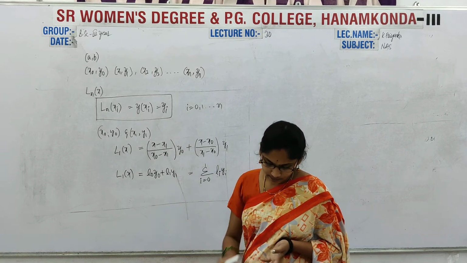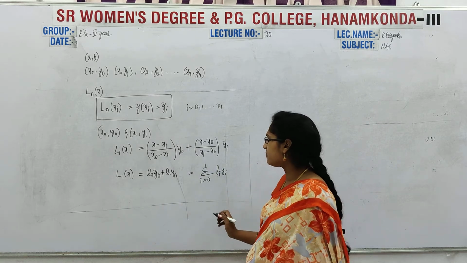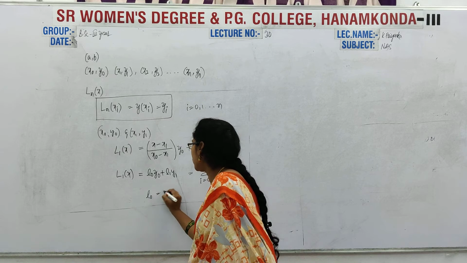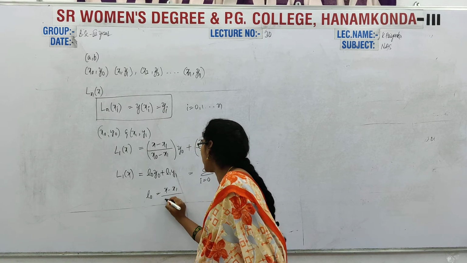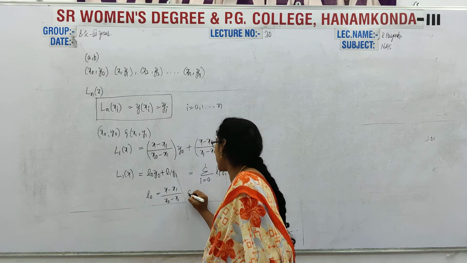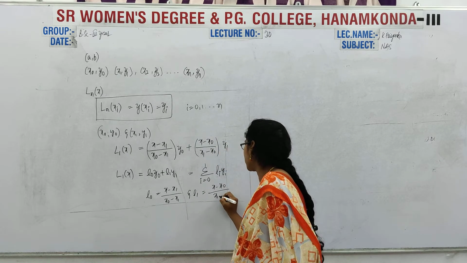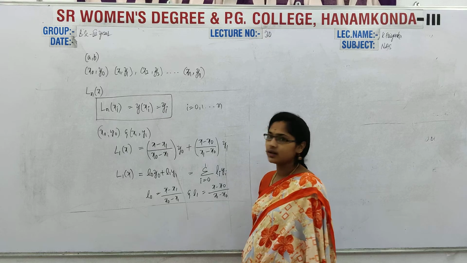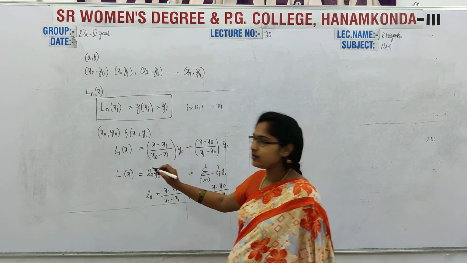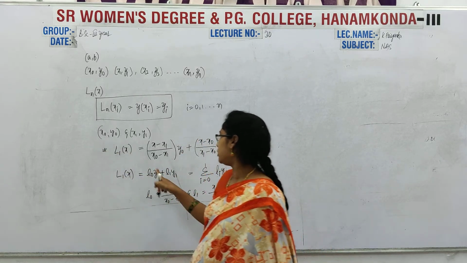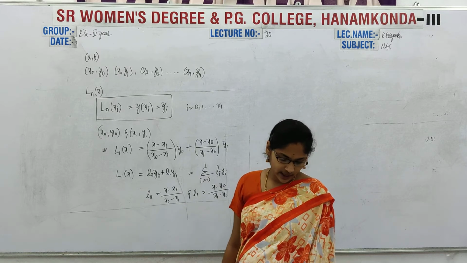That's it. Okay. Now this is the formula where l naught is equal to x minus x1 by x naught minus x1. And what is l1? x minus x naught by x1 minus x naught. Okay. So this is the important formula you have to remember, and you can write like this also. Okay. Next.